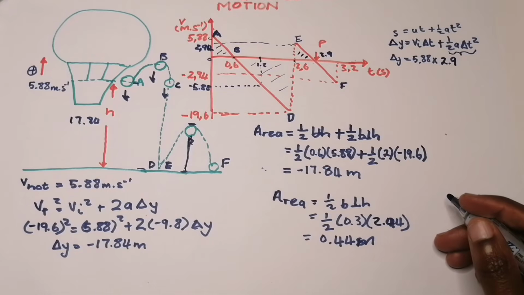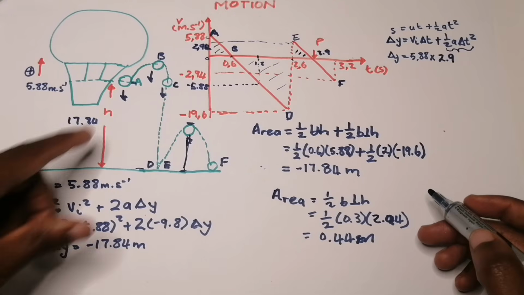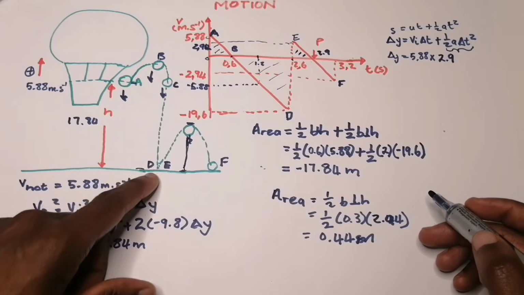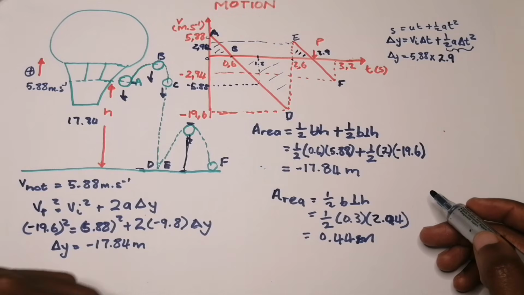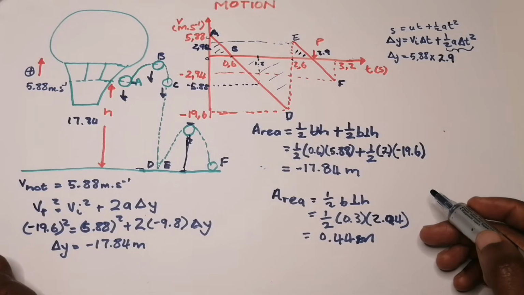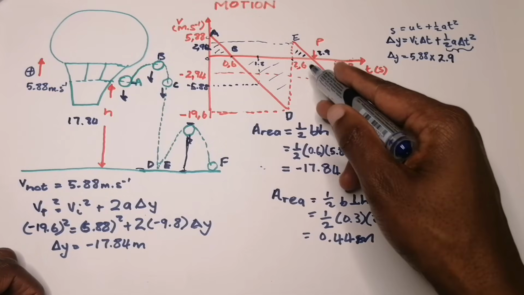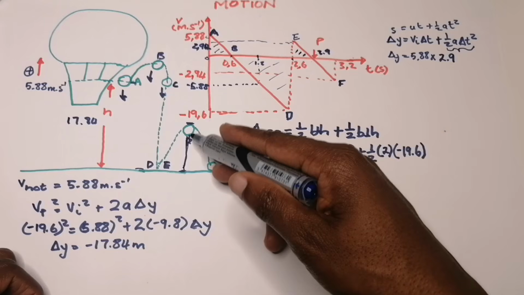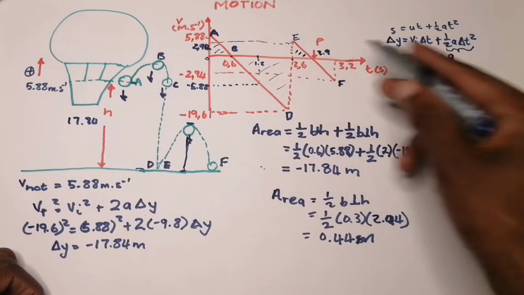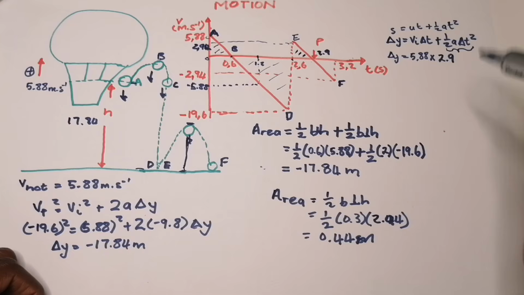Why is that? Because as the ball kept on bouncing, if you had a stopwatch or something to measure the time, you'd see that when it reaches the second maximum height, it would have taken 2.9 seconds.